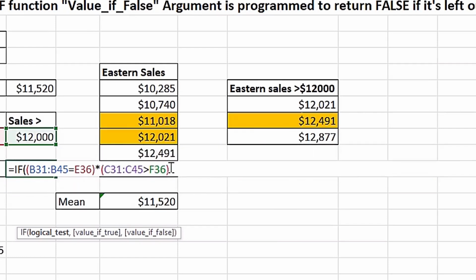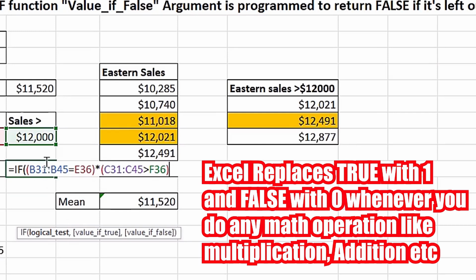Now in Excel, 1 actually means true and 0 actually means false. That means whenever we are seeing true on the first logical test, Excel is actually going to replace it with 1. And whenever we are seeing true on the second logical test, Excel is also going to replace it with 1. So it's like we are getting 1 from this first logical test, then we multiply it times a 1 in the second logical test, and that will also give us 1, which is actually true.